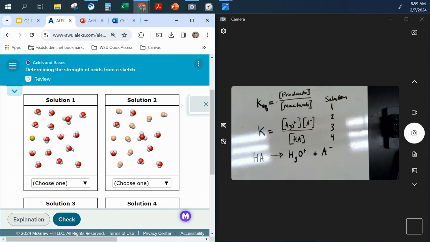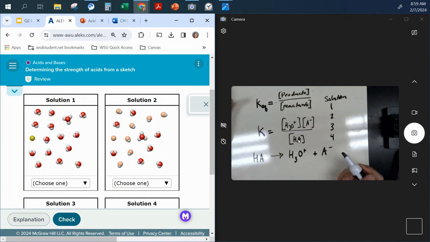So this one is going to be our conjugate acid. I can see that I have 1 conjugate base, and I have 1 hydronium, and I have no original acid. If I have no original acid, what does that tell us about the acid strength from last time? Do you remember? If we have original acid, it's a weak acid.